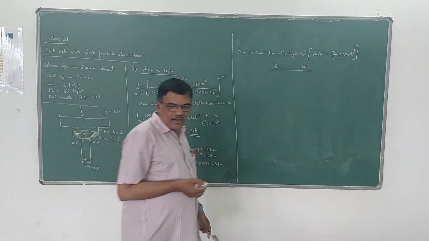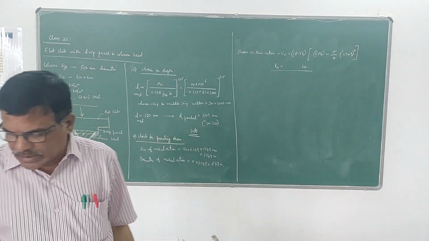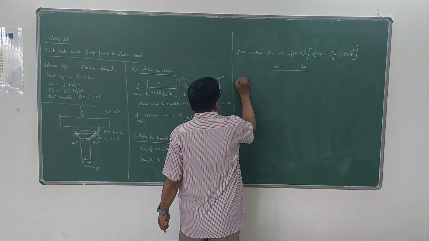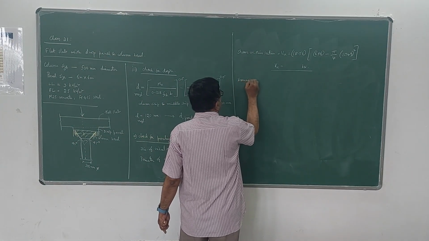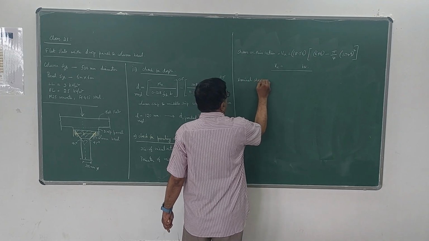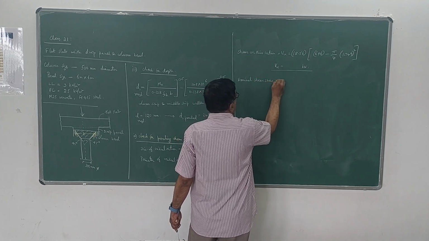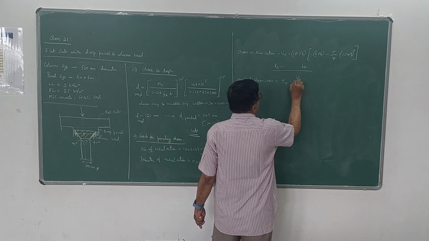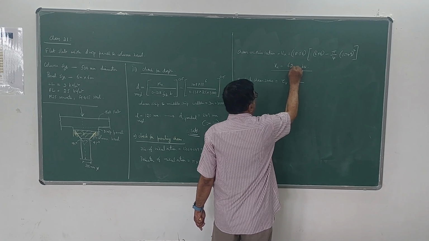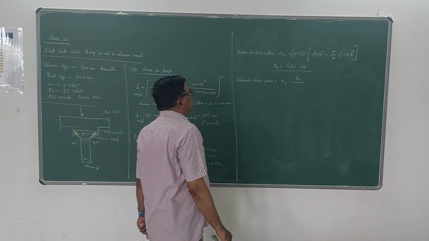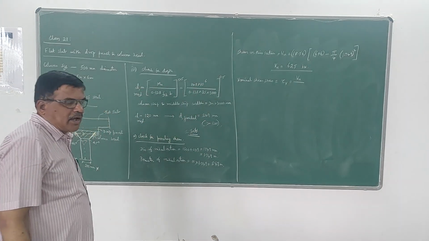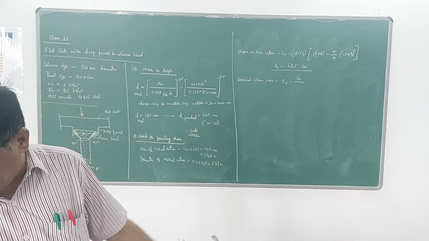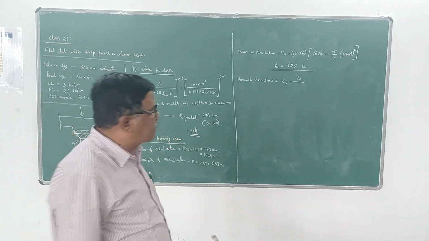Then we will calculate the nominal shear stress, which is 625. Nominal shear stress is given by Vu divided by perimeter into depth.